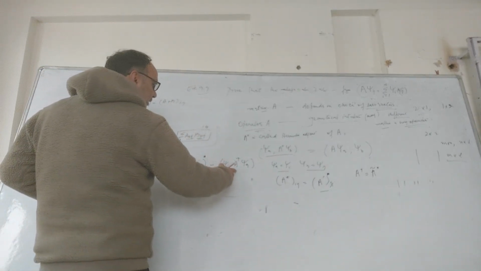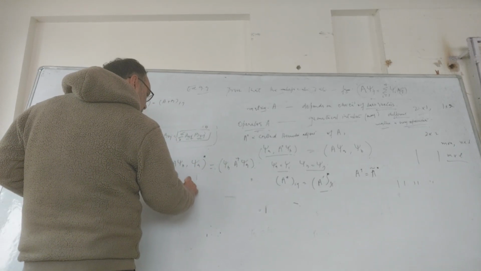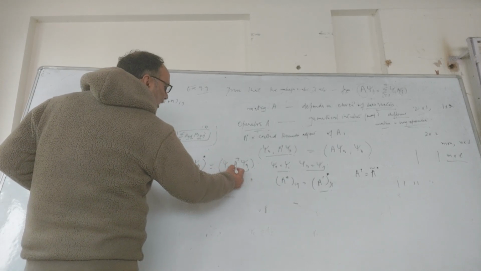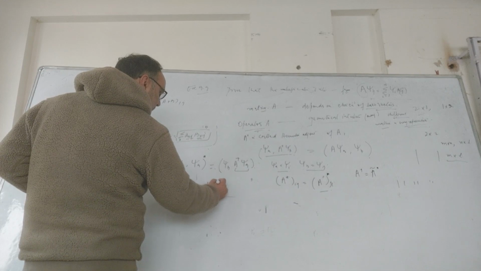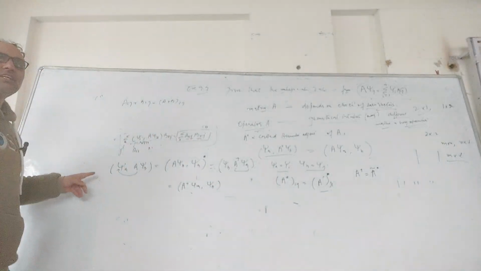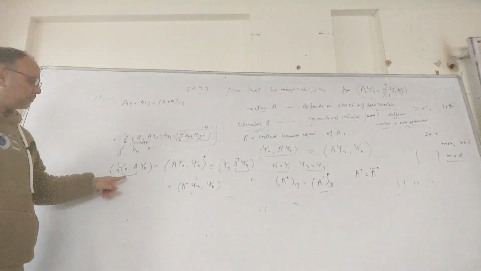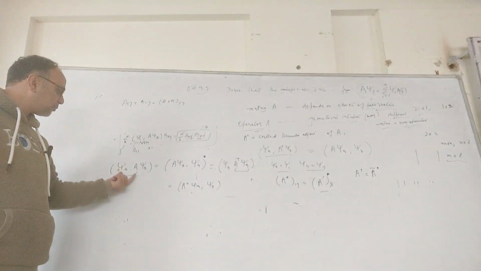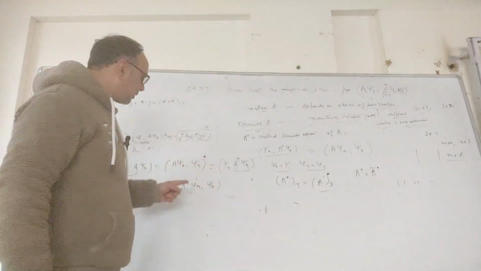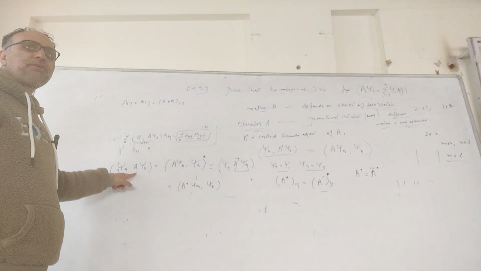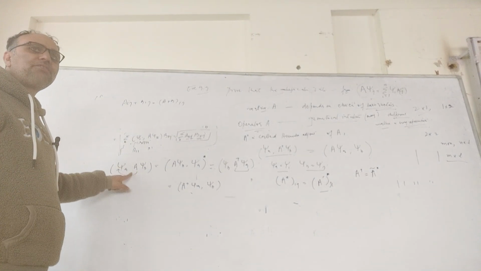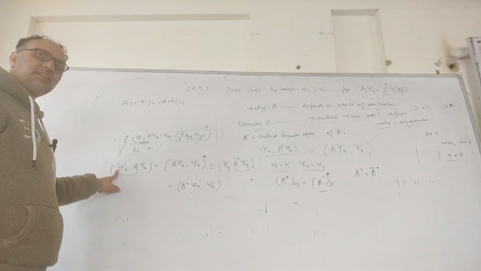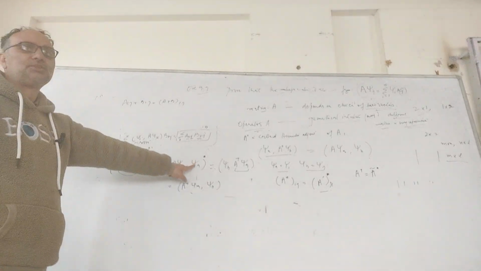Again, if you bring it here, A dagger psi of A, and the whole thing gives psi of A psi of B. So these are different ways of writing the inner product, by the linearity property. We can write the inner product like this and also like this, but in everything, we change the prefactor; once you change it, it becomes the complex conjugate.